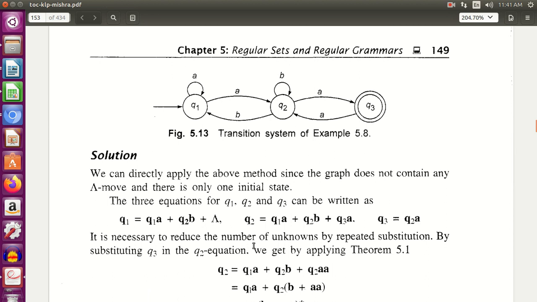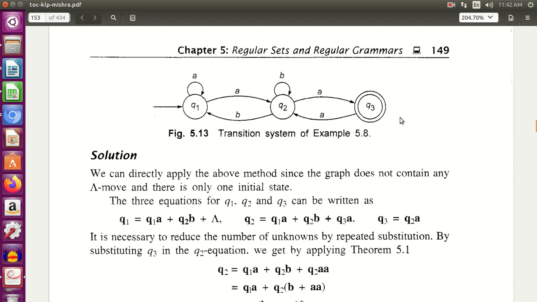The steps that we need to follow over here is, first of all, you have to identify the final state. Which is the final state over here, students? Q3 is the final state. Okay, so after identifying the final state, we need to derive the expression for each state. Now, how to design the expression for each state? Starting from the final state, I'll concentrate on the incoming edges.